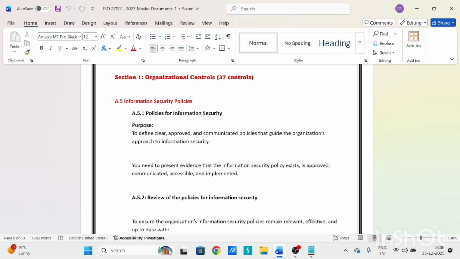It starts with A5. A5 deals with the information security policies. What does this mean? We need to prepare the policies with respect to information security. What is information security?